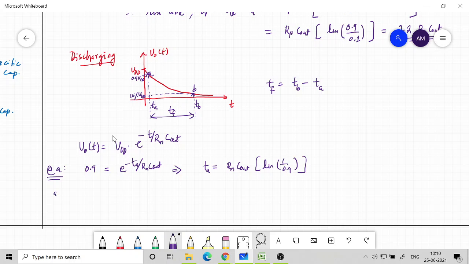Similarly, at B, you can write 0.1 is equal to e raised to minus TB by Rn C out. So TB is Rn C out ln of 1 by 0.1.